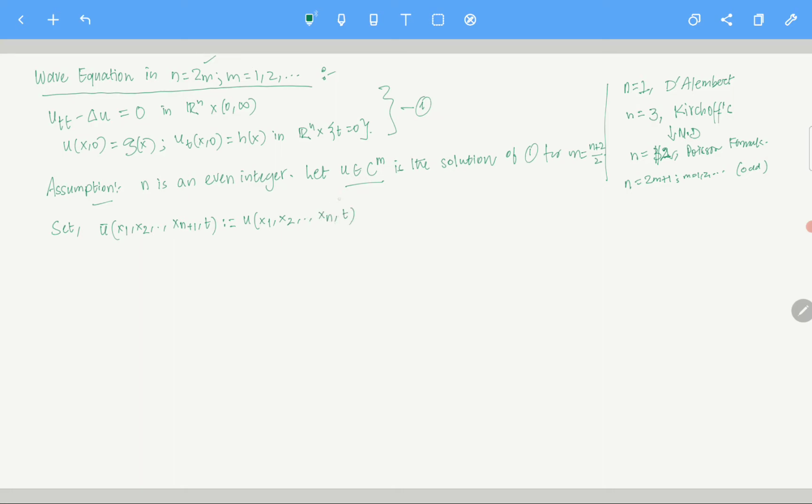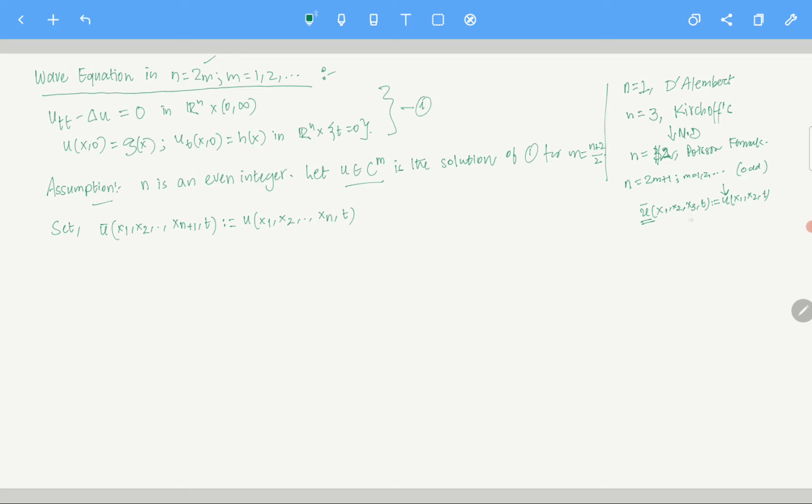One variable is missing here. You remember when we went from 3 to 2 dimensions, we wrote it like this: u bar of (x1, x2, x3, t) was u of (x1, x2, t). This u we already know. When we were solving for 2 dimensions, we assumed that we know the solution in 2 dimensions, which is given by u. Now I am defining a 3-dimensional function u bar using u such that u is independent of the third variable.